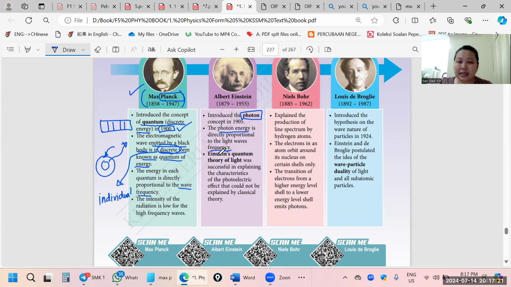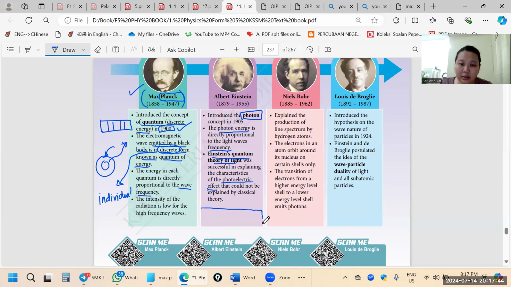Einstein's quantum theory of light was successful in explaining the characteristics of the photoelectric effect, which could not be explained by classical physics.